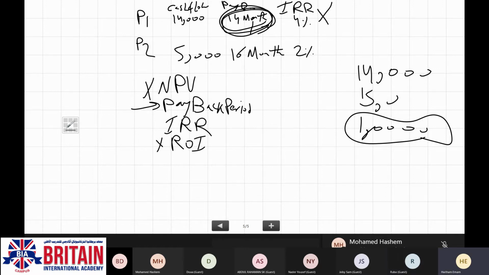Mm-hmm. Okay. Now, if I'm going to compare the payback period and the other parameters, first of all, let's say, what is the NPV? It is the net present value. Net present value, which means what?